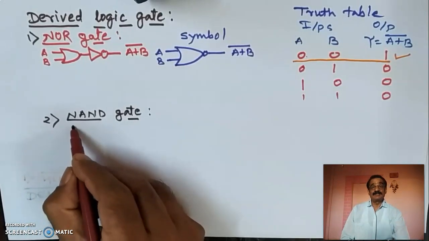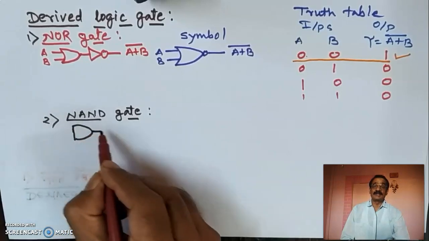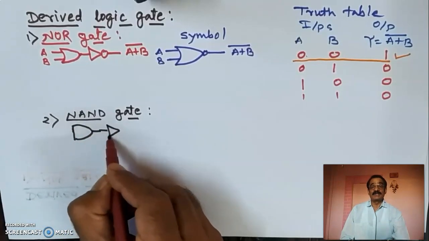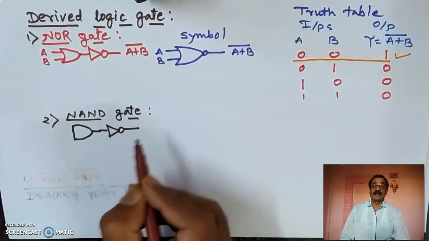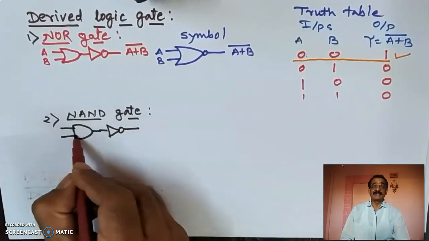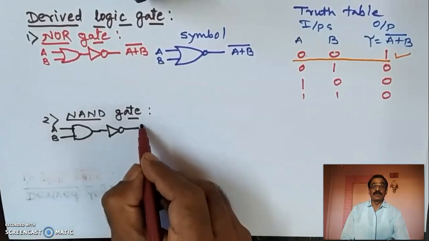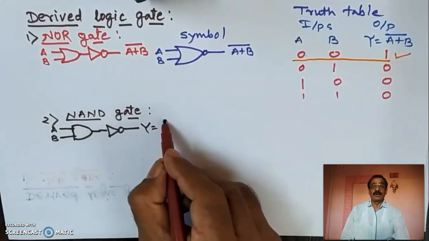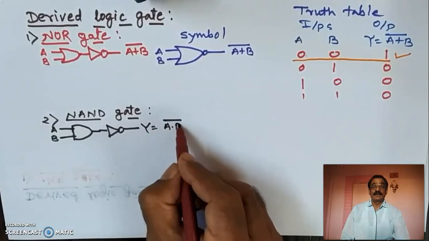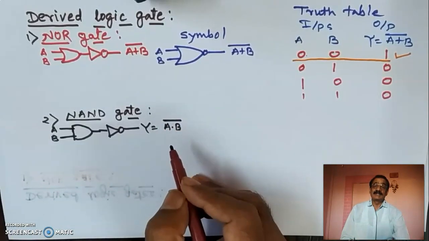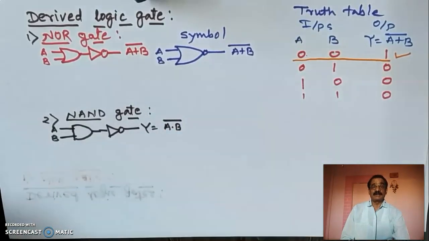And when an AND gate is followed by a NOT gate, we get the NAND gate. So first draw the symbol of the AND gate, then connect the NOT gate at its output, show the inputs A and B, then we get the output complement of A dot B. So it is the Boolean equation of the NAND gate.